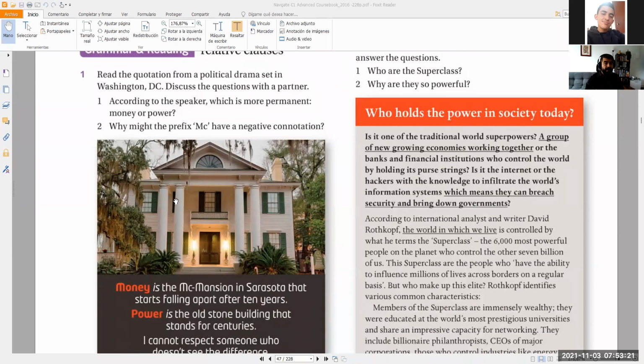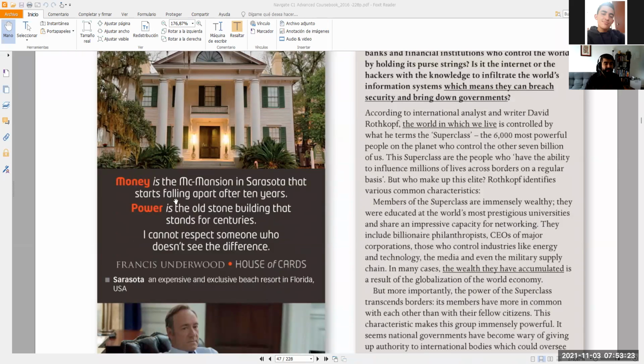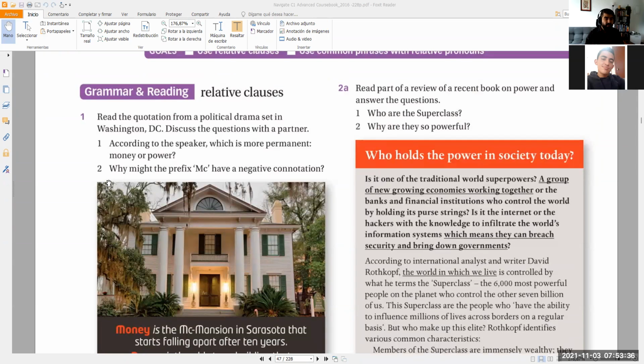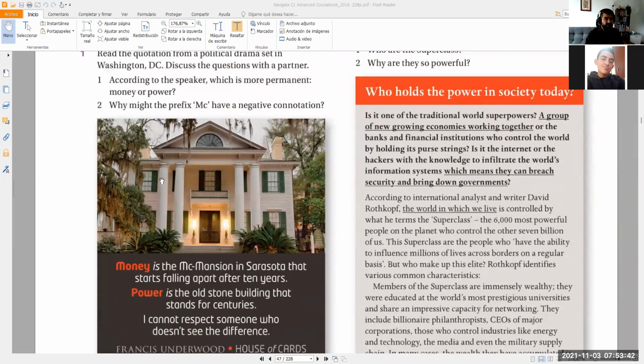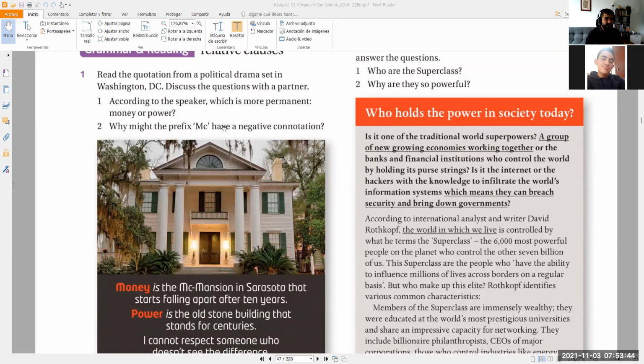That's why they say. But what makes a bigger difference here, and I mean the essence of the difference, and the essence of the message they want to say here, has to do with the second question, which says, why might the prefix Mc have a negative connotation? So that has to do with this prefix, the meaning.